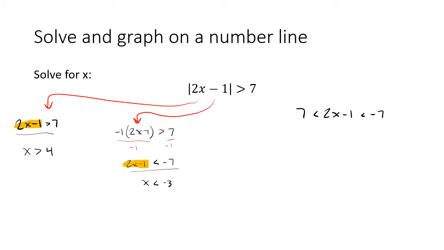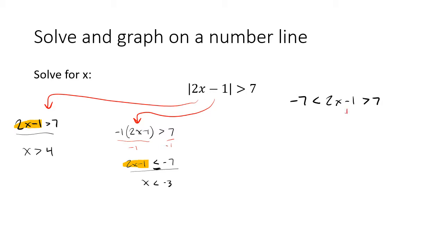That is a compound inequality. You wouldn't normally write it like this because you write the lower number on the left. So let me revise that. We'd say 2x minus 1 is greater than 7, but it's also less than -7.